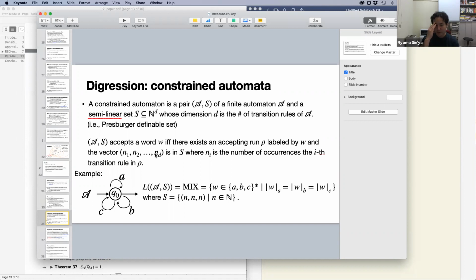Yes, if instead of transition rules, we count the number of times states are passed, I think we can construct the same.